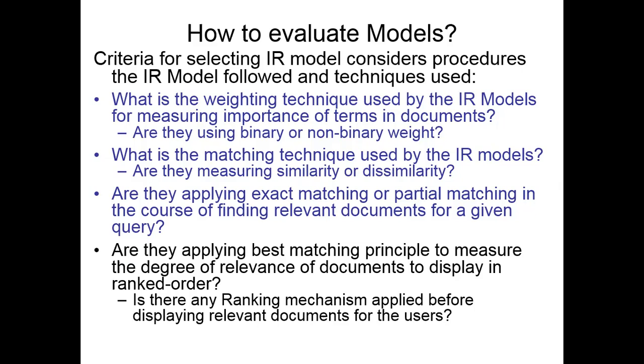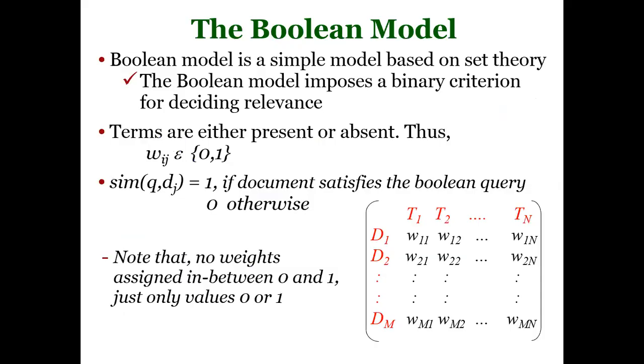Rank means those documents containing most of the query terms should come at the top of the list by looking at their similarity score. So those documents registering the highest similarity score should appear at the top of the list when we are retrieving relevant documents for users. So we are evaluating using those criteria.